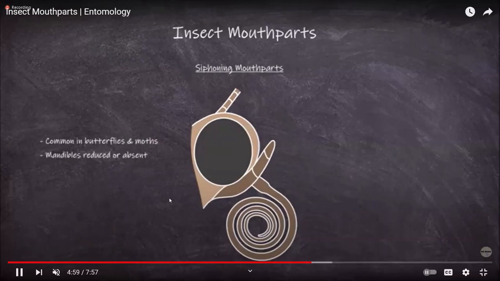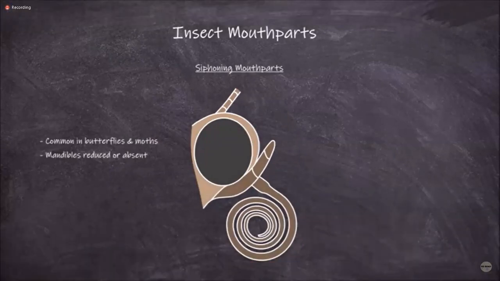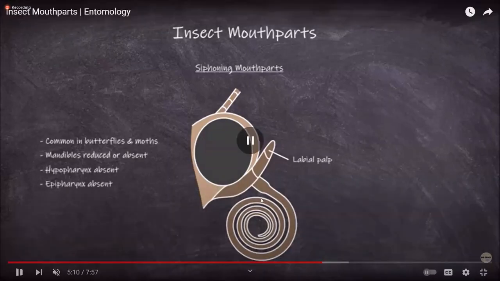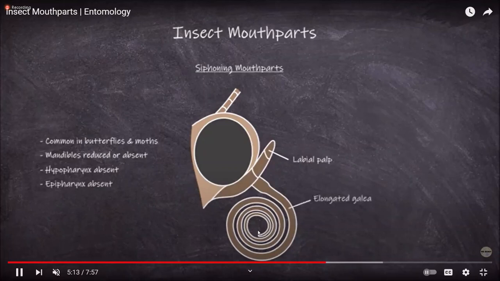This is the siphoning mouth parts present mainly in butterflies. Here you can see the structure I told you. This is called the proboscis, and this is the structure I told you, which is used to suck nectar from the flowers.